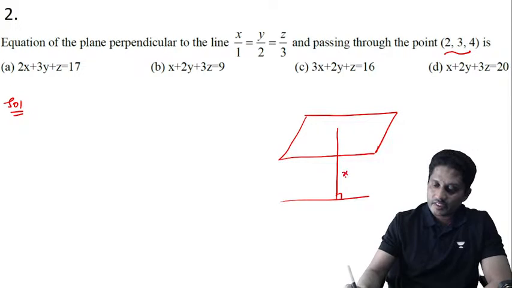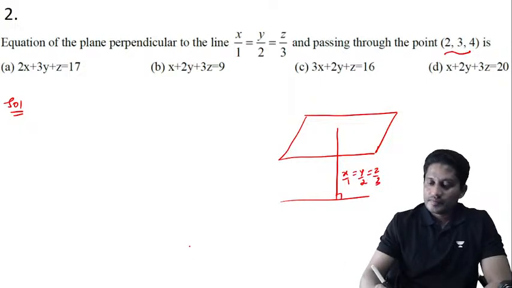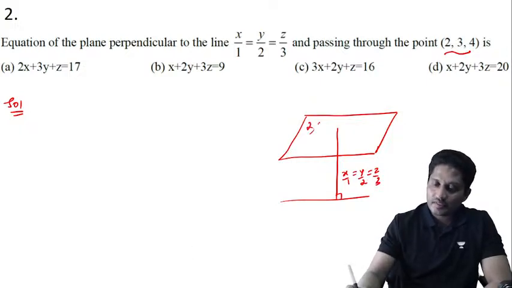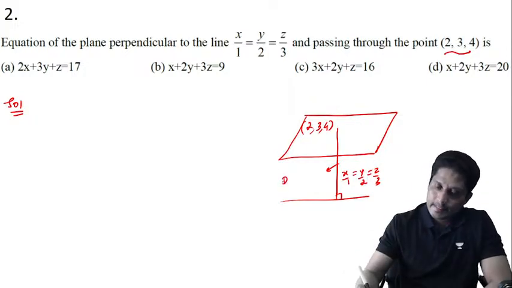This is the line given: x by 1, y by 2, z by 3, and passing through 2 comma 3 comma 4. So the direction ratios of this line are a, b, c, that is 1 comma 2 comma 3. This is x1, y1 and z1. And the DRs of this plane will be equal to the DRs of this line, a, b, c.